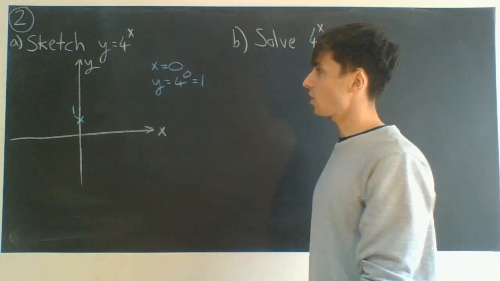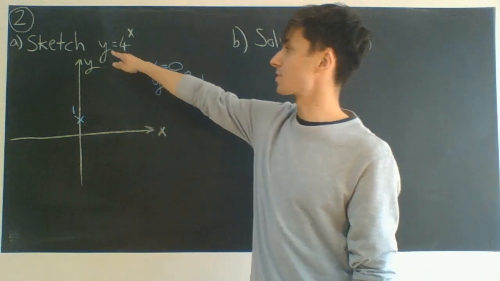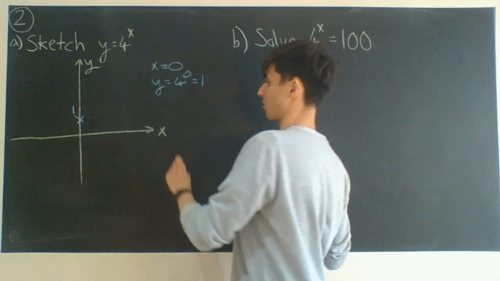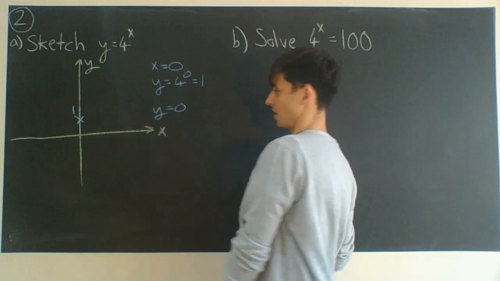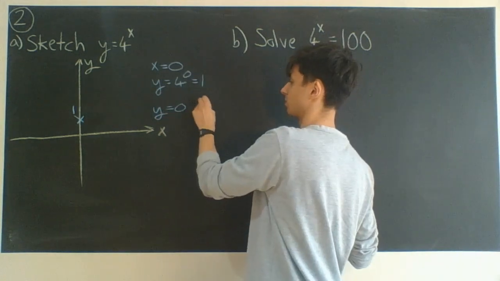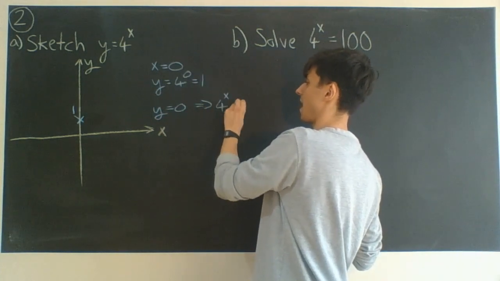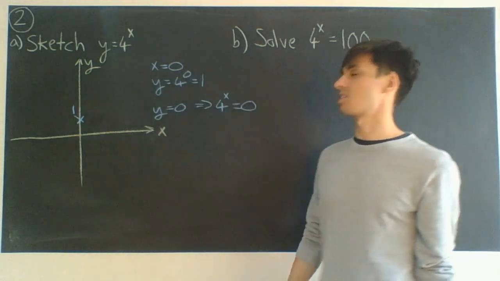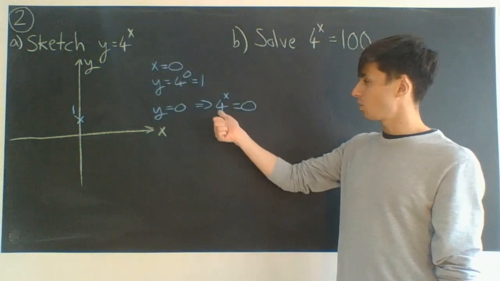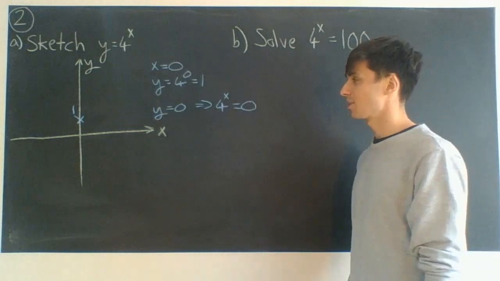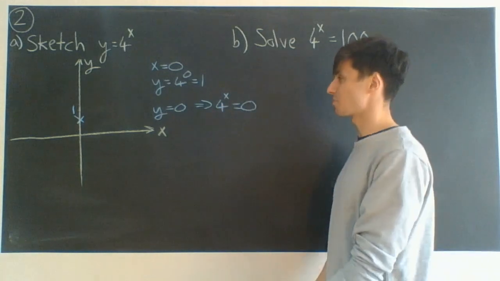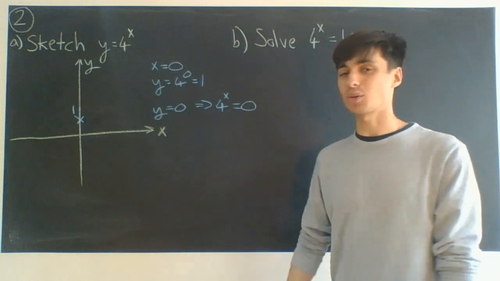Well, on the other hand, let's think about what happens if y was 0. So y equals 0, and that means 4 to the power of x is 0. Well, if we think about that, no matter how many times we multiply 4 by itself, it's just never going to go to 0, is it?